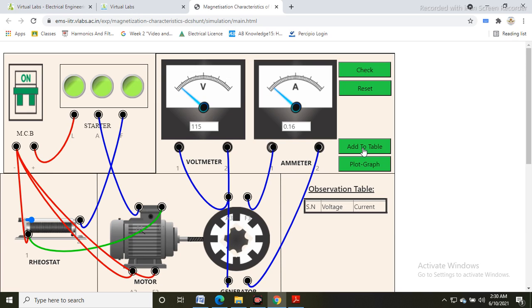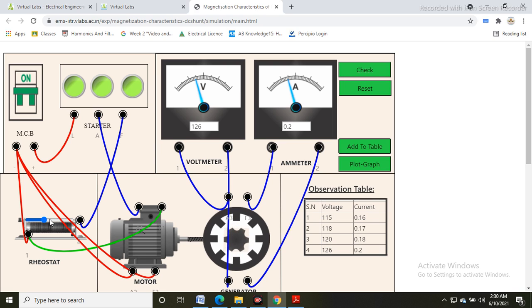So first I will add this condition. In one condition, the voltage is 115 and the current is 0.16. Then I will take the second condition. Now we have to plot, so at least take 7 to 8 readings and add them one by one.